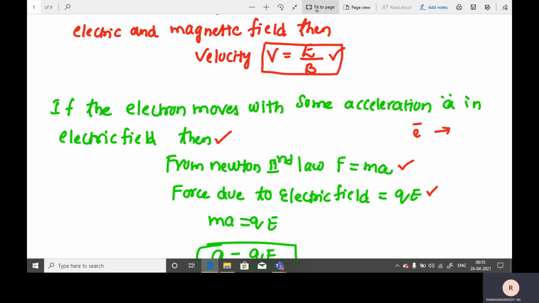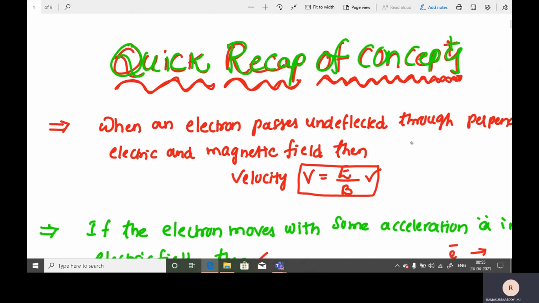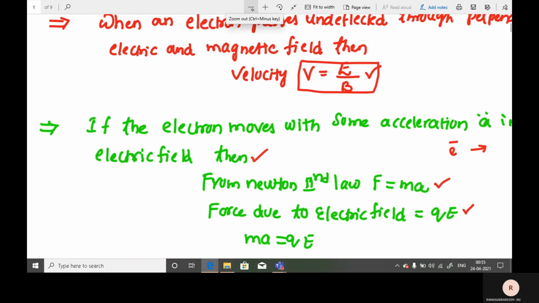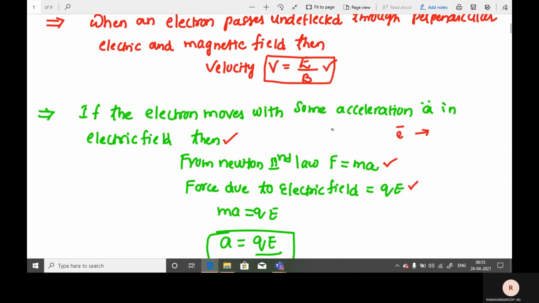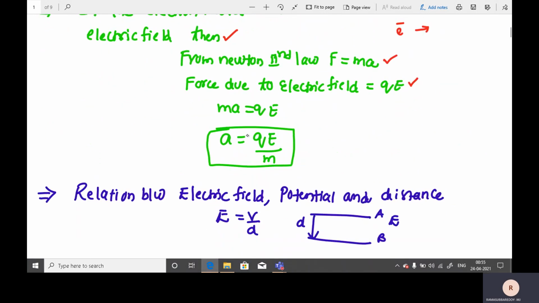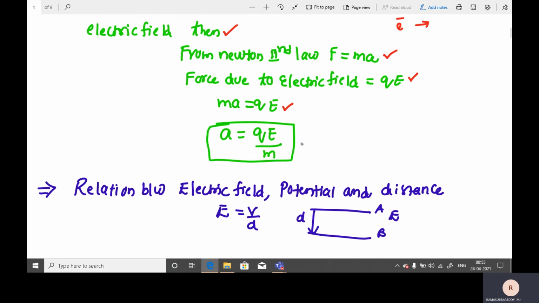Then we can equate ma is equal to qE, and we get the acceleration a is equal to qE by m, where q is the charge of the electron, E is the electric field and m is the mass of the electron.